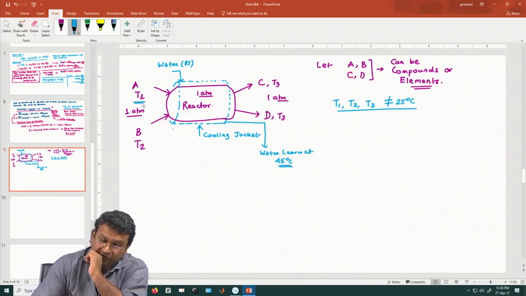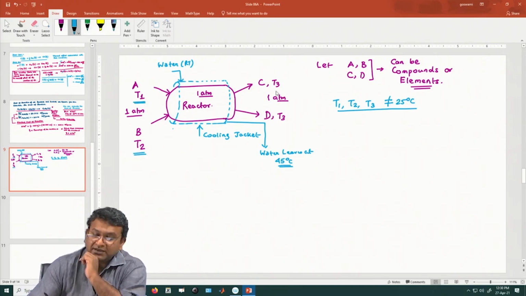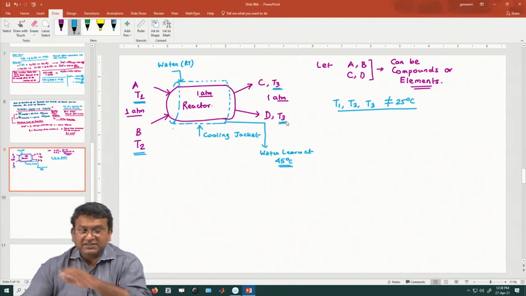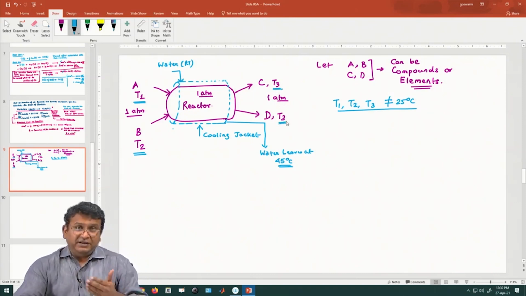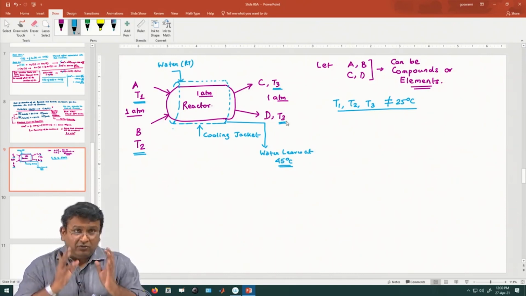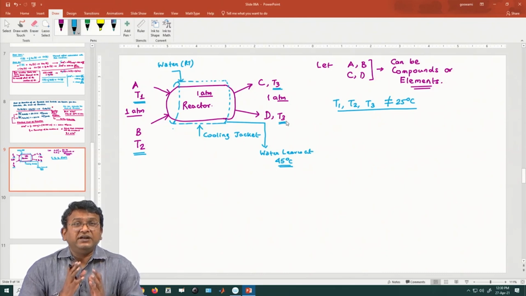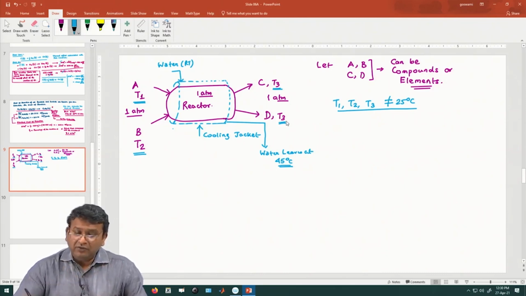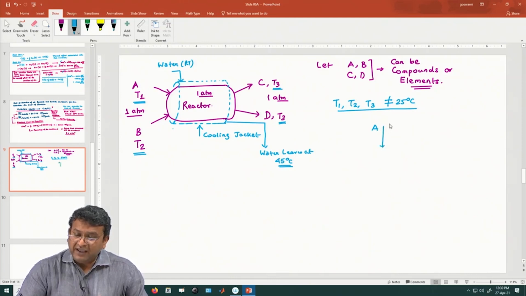So, now we are running out of time. We essentially have reactants entering at different temperatures and products leaving at different temperatures, but we can calculate the heat of reaction data only at 25 degrees centigrade. So, what we will consider is as if whatever is the temperature of A, it is brought down from T1 to 25 degrees centigrade, B is brought down, and how do you calculate?